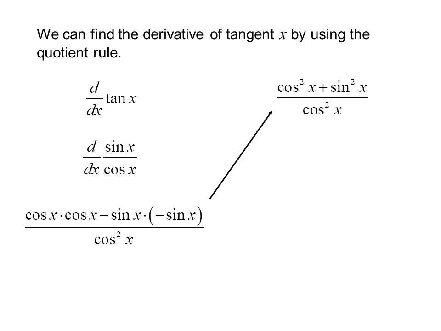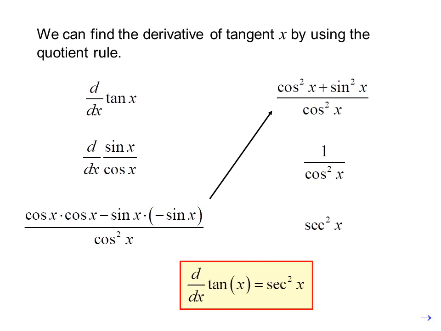So the numerator becomes cosine squared x plus sine squared x, and we recognize that as the Pythagorean identity. So we have 1 over cosine squared x, and since 1 over cosine is secant, this becomes secant squared x. So the derivative with respect to x of tangent x is secant squared x.